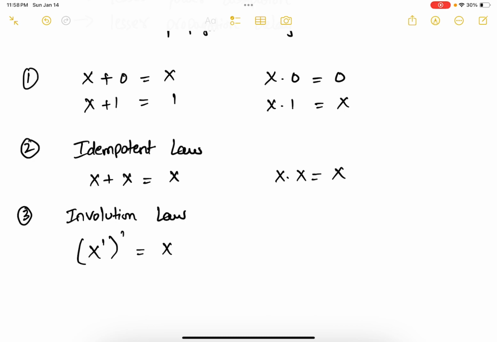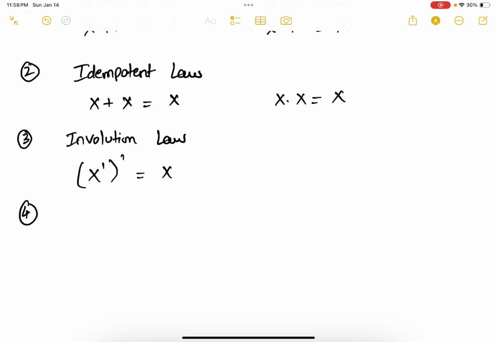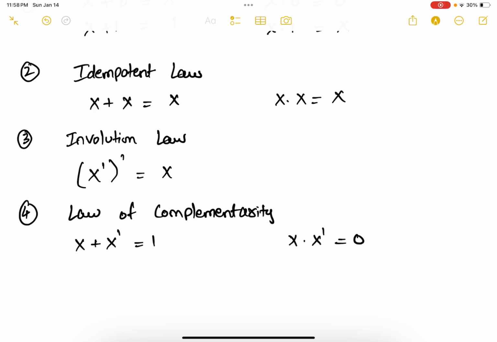So you can prove all these theorems or all these laws by just substituting the values for x as 0 or 1. Then you have the law of complementarity, which is basically x or x prime is 1 and the dual is x and x prime is 0.